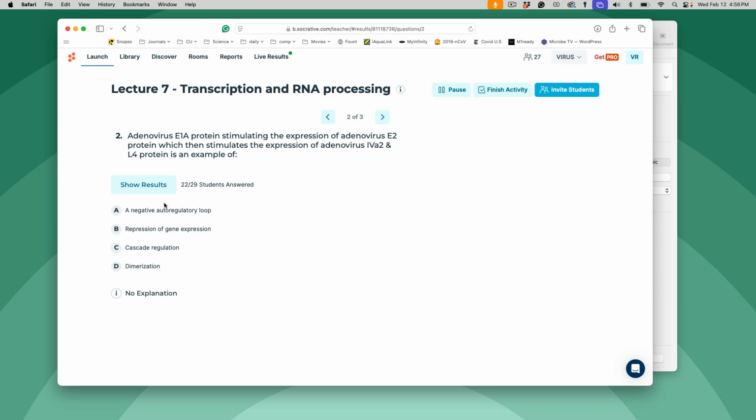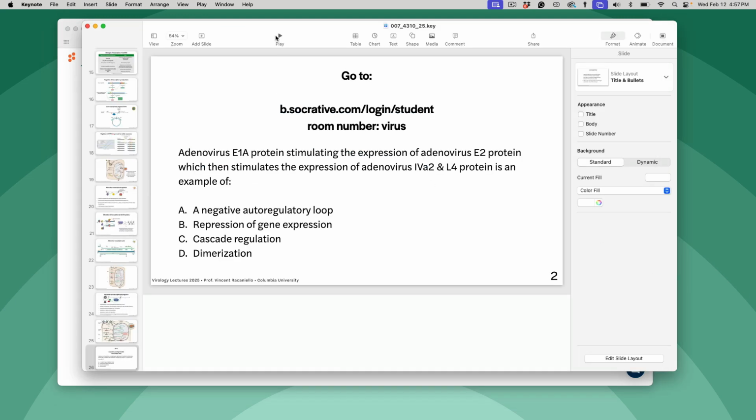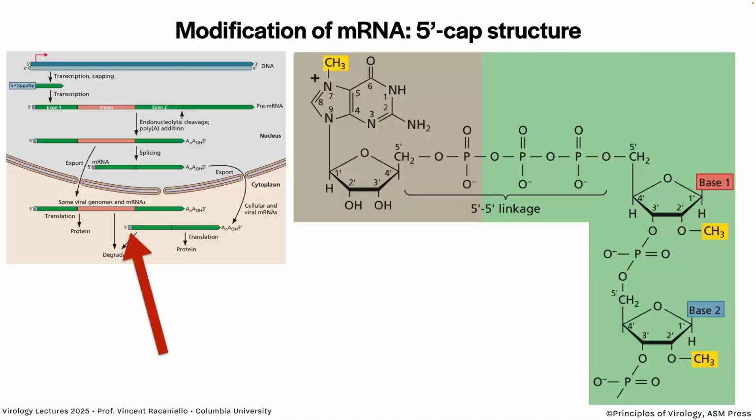All right, let's see how we did. Cascade regulation, that's right, 94%. So negative autoregulatory, nobody picked, which is good, it's not. Repression is not, it's stimulating expression. Stimulating expression, it's not repression. So cascade regulation, that's it. Okay, looks like you got that.